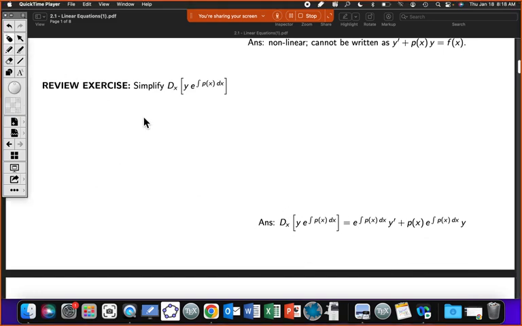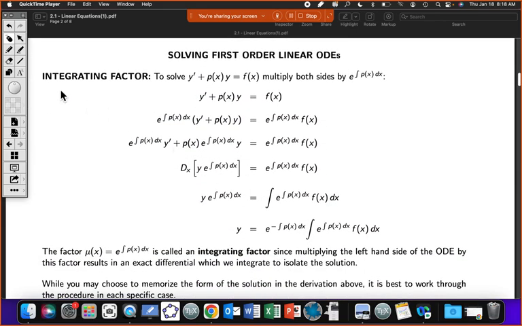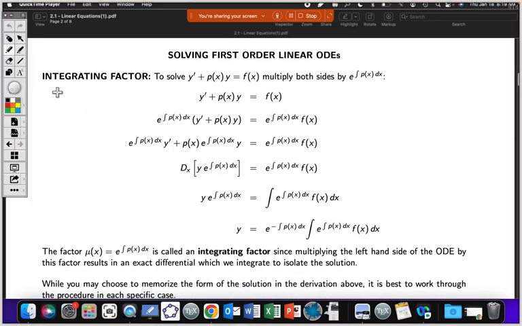So that's how we solve these linear equations, is we make use of what's called an integrating factor. It's called a factor because we're going to multiply the equation. And it's called an integrating factor because it's going to turn the left-hand side into an exact differential, which we can integrate. So this is basically the generic method we're going to be using here.